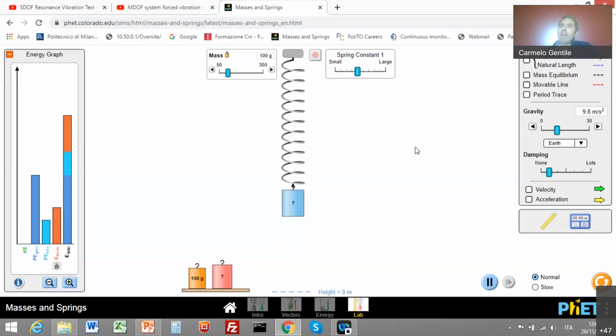And when an earthquake arrives, the structure is excited mainly along its fundamental frequencies.